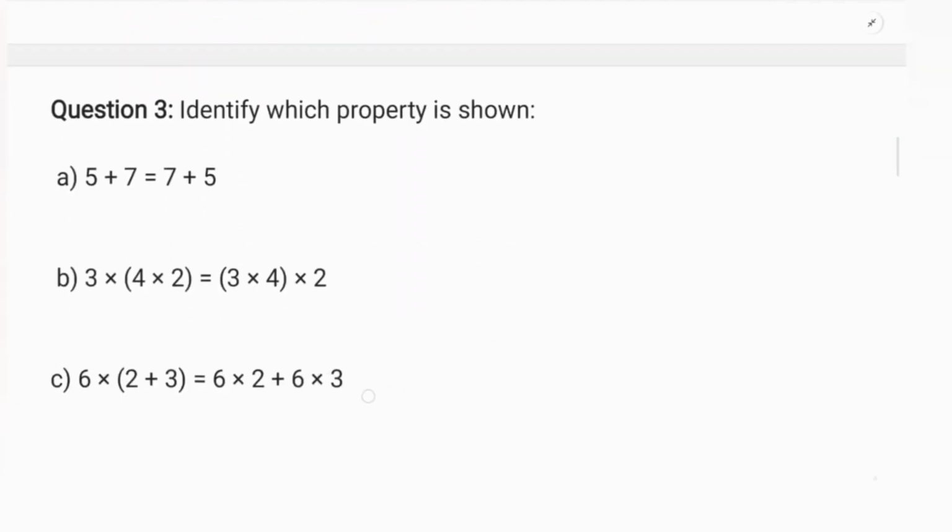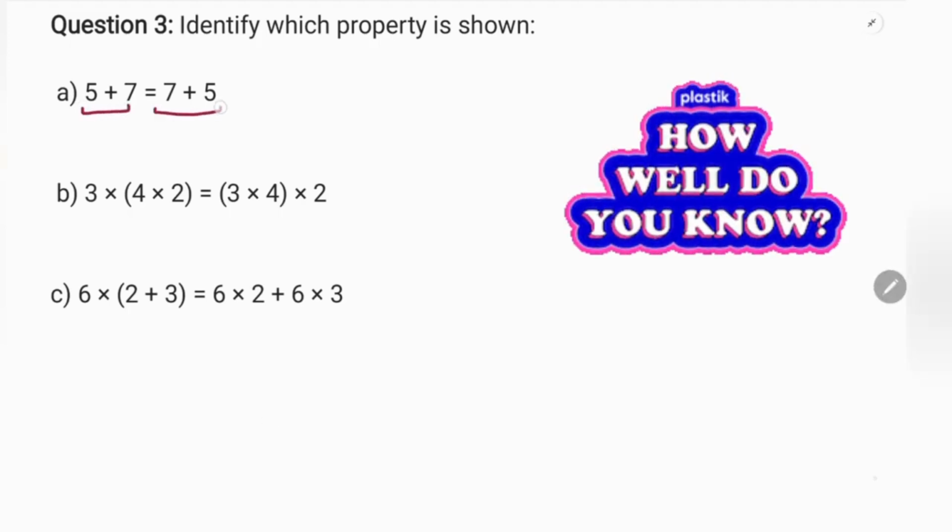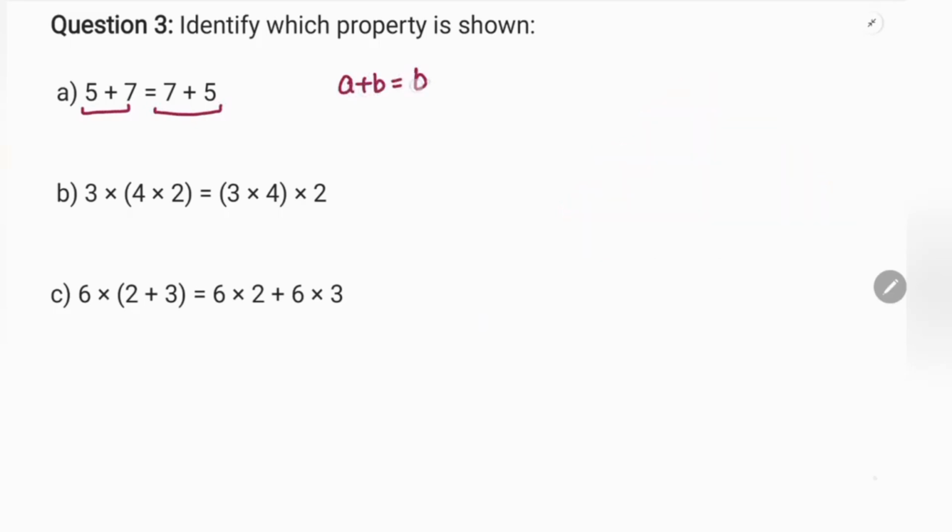After that, identify which property is shown. Here it is showing 5 plus 7 is equal to 7 plus 5. That means a plus b is equal to b plus a. Which property is this? This property is commutativity.